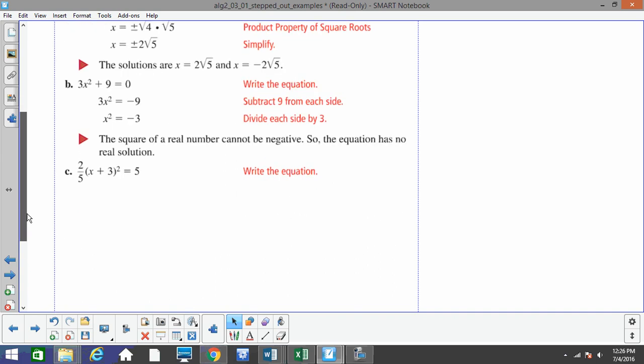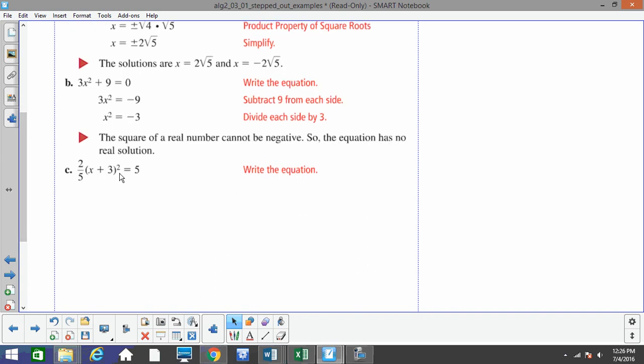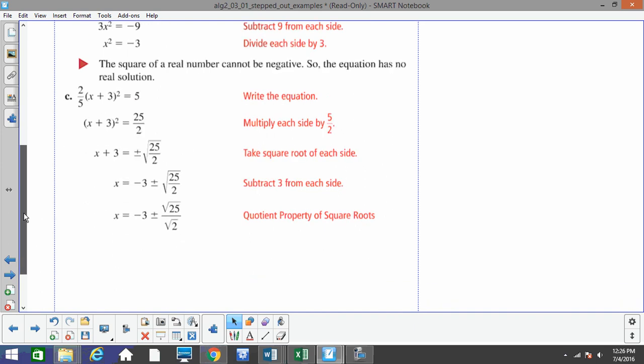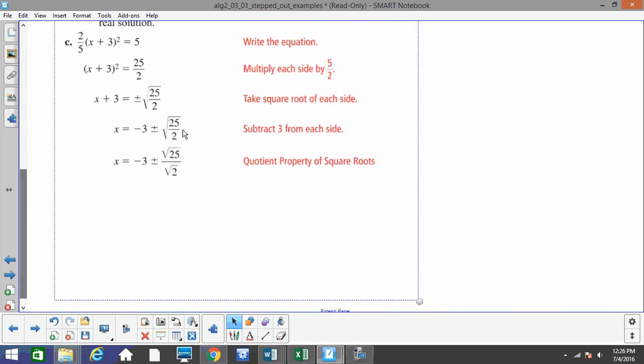On the last one, again, we're going to want to get rid of that square, but first we have to get rid of that fraction. You can do that by multiplying by the reciprocal, which would be 5/2. Now you can take the square root and subtract 3. We want to make that radical look a little bit nicer. So radical 25/2 is really the same as radical 5 over radical 2.